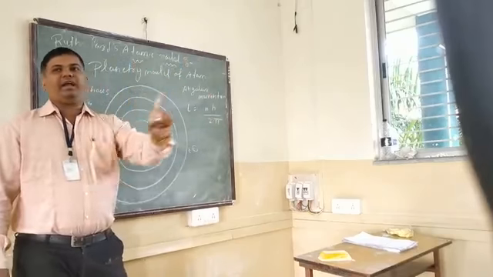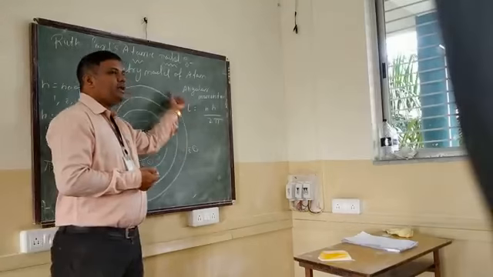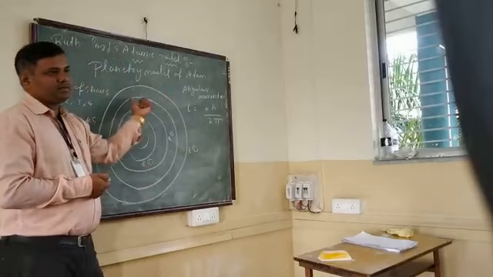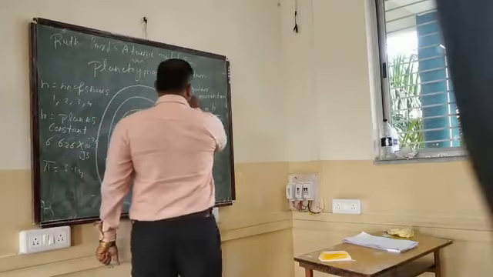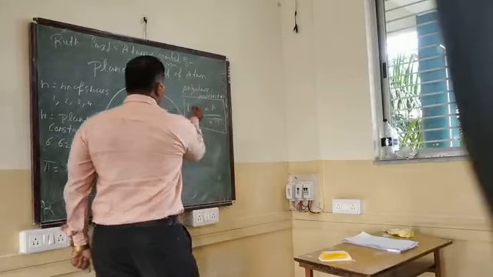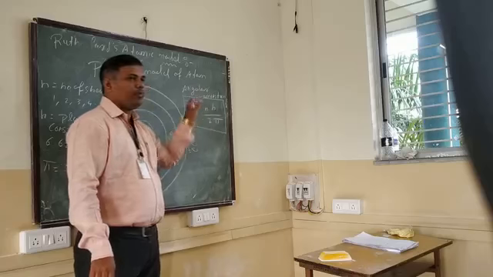If it is not radiating energy, if it is not losing energy, what will happen? It will constantly move around the nucleus. Are you understanding this? This is very, very important. That is why this formula is also important: angular momentum equals nh by 2 pi.